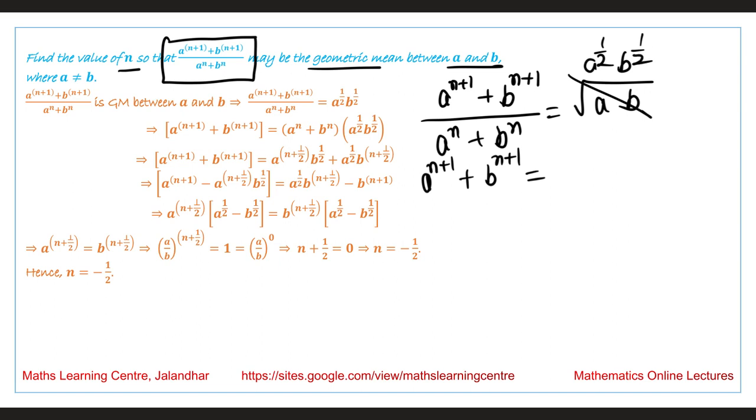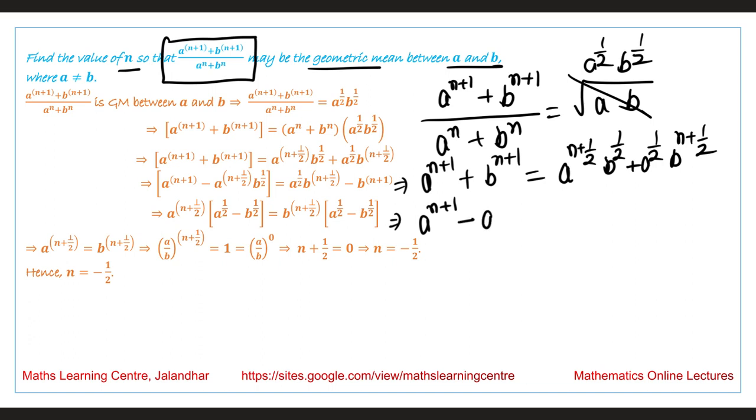So what we obtain from this is a raised to the power n plus 1 by 2 b raised to the power 1 by 2 plus a raised to the power 1 by 2 b raised to the power n plus 1 by 2. So this implies that a raised to the power n plus 1 minus a raised to the power n plus 1 by 2 b raised to the power 1 by 2 is equal to a raised to the power 1 by 2 b raised to the power n plus 1 by 2 minus b raised to the power n plus 1.